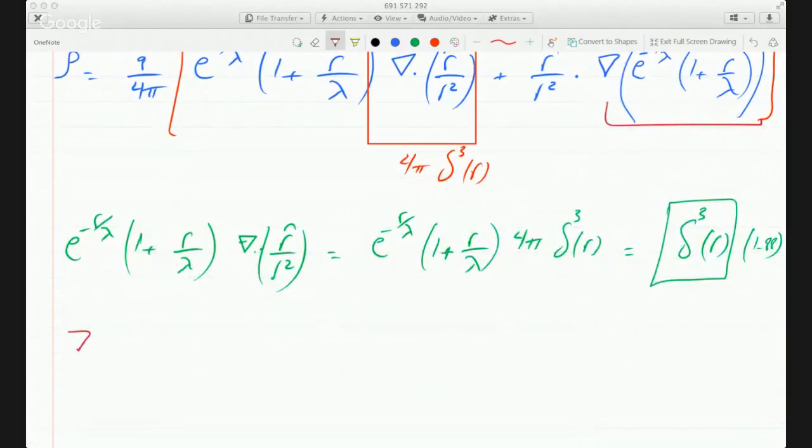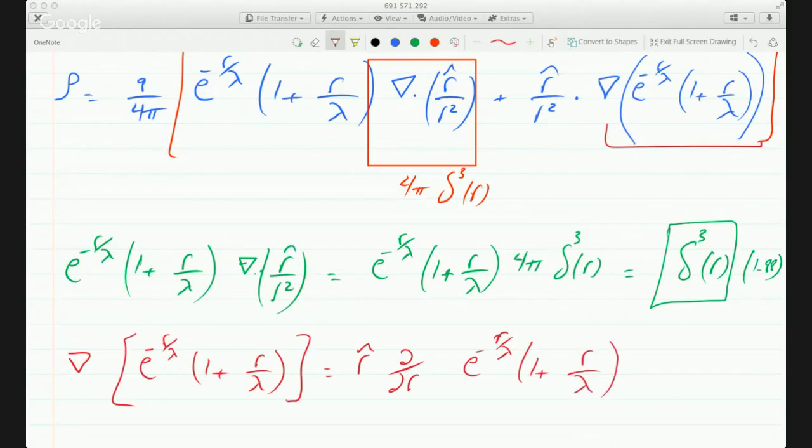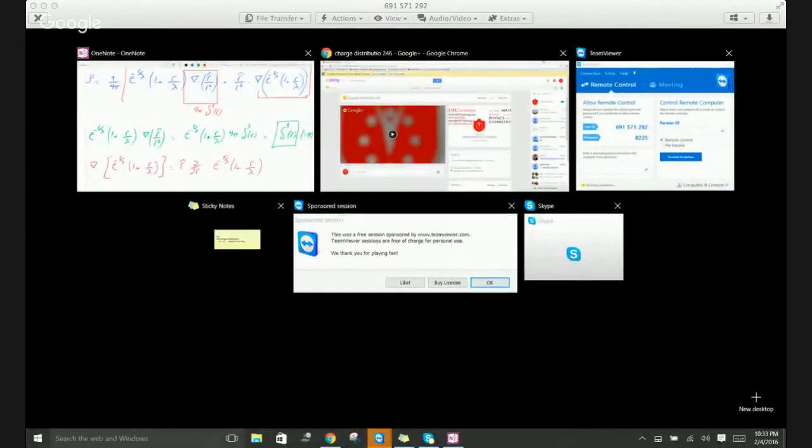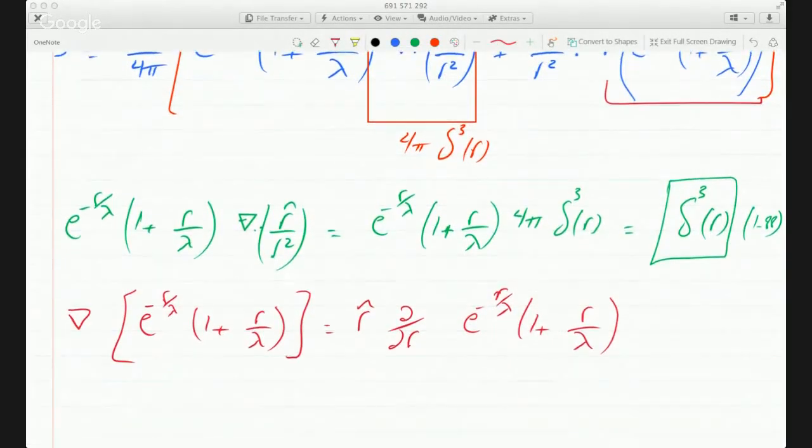The gradient of e to the minus r over lambda times 1 plus r over lambda is equal to the unit vector r hat times d over dr of that expression.